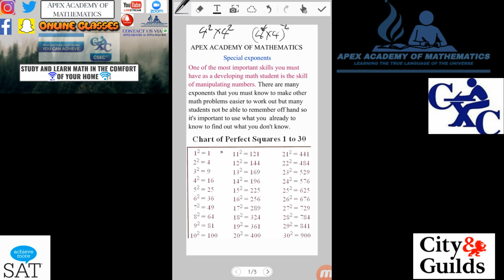So it goes onto here and goes onto there. That's how I got the 4 squared times 4 squared. Now, the bases are the same here. So 4 squared times 4 squared, that's equal to 4 to the 2 plus 2. Multiplication property of indices. So that's 4 to the 4. That's also equal to 256. All right. So really, really cool way of manipulating numbers, guys.